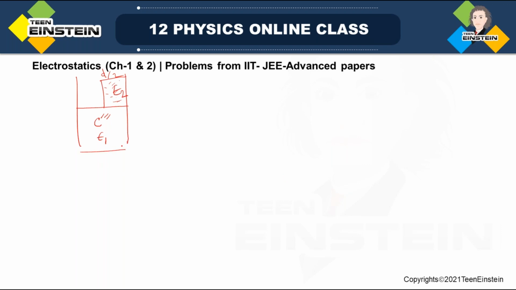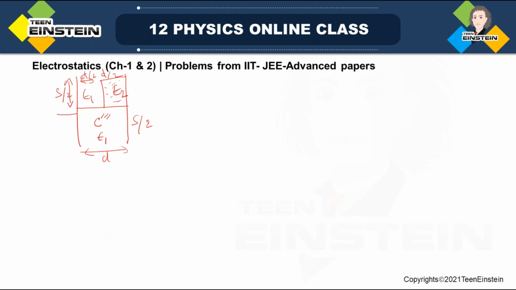And this portion has thickness d, and also has relative dielectric permittivity epsilon 1. This has thickness d by 2, and this is S by 2, and this is another S by 2, the area of the plate.